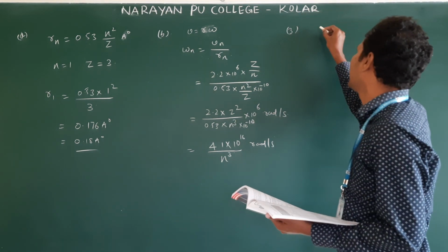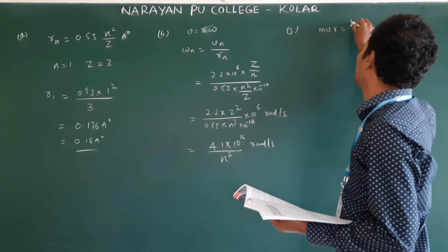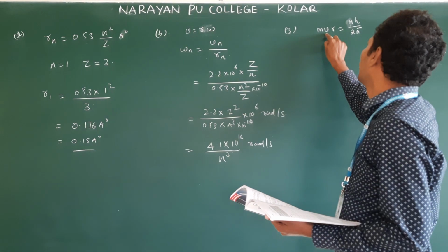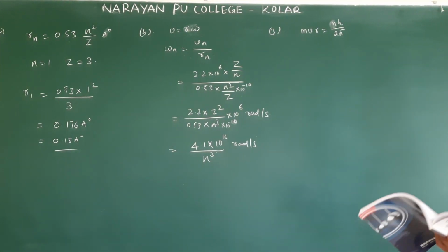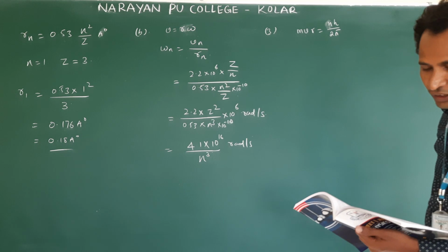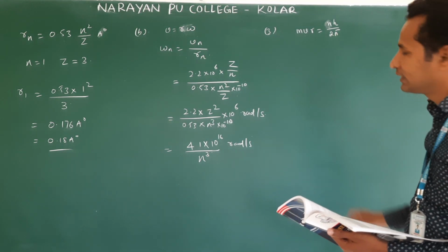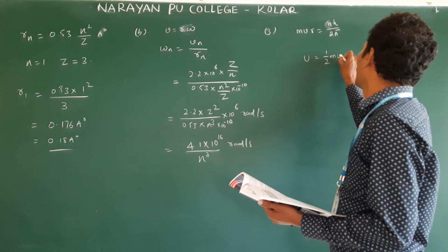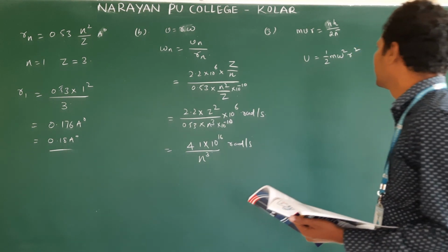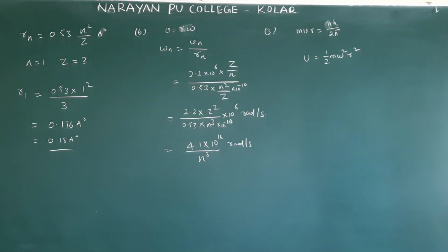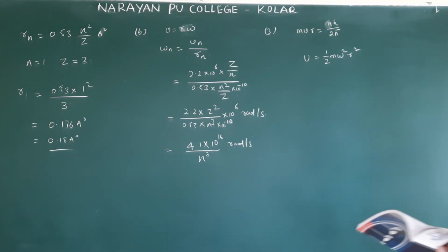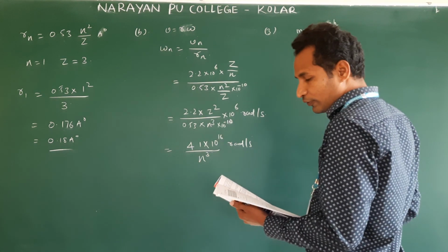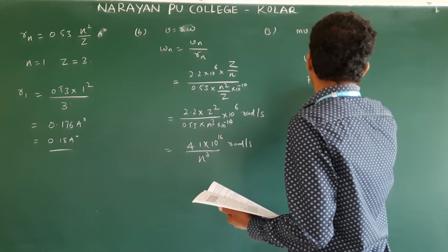We have a relation, the second relation, mvr is equal to nh by 2 pi. So we need to find v to get the r. Then how do we find v? We will find it using the energy equation. U is equal to half m omega square r square. Right? So from this we will get force. F is equal to minus dU by dr, it depends on the distance r, so we differentiate with respect to r.